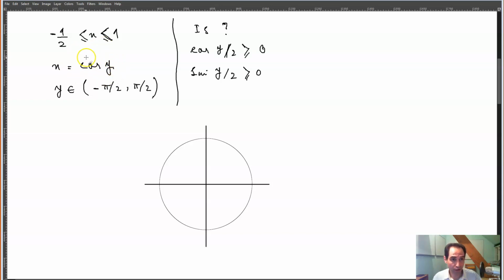And from these two equations I can conclude that cos of y is between negative 1/2 and basically 1, right?